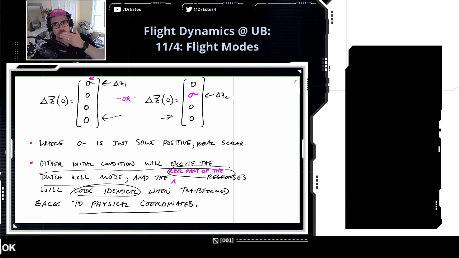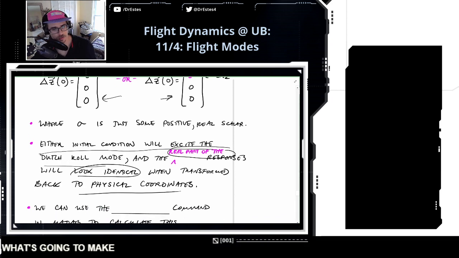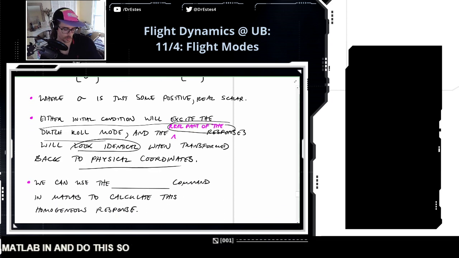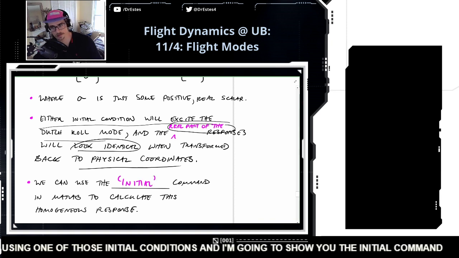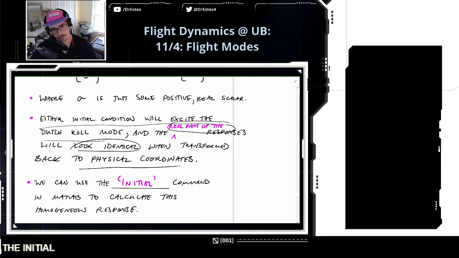Okay, so let's go into MATLAB and do this. We're going to simulate the response using one of those initial conditions, and I'm going to show you the initial command. The initial command is built specifically to do the homogeneous response of a system.